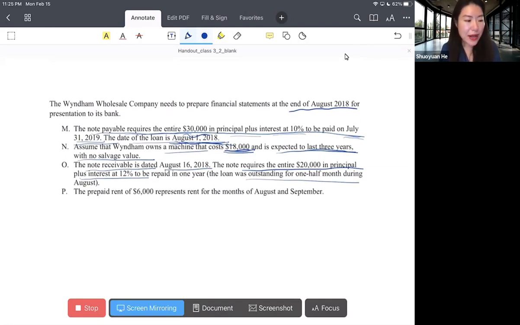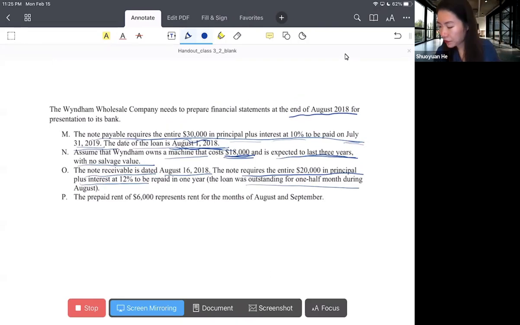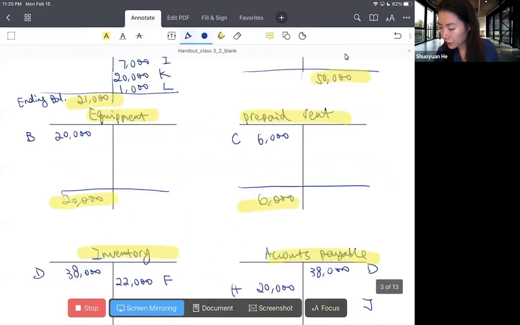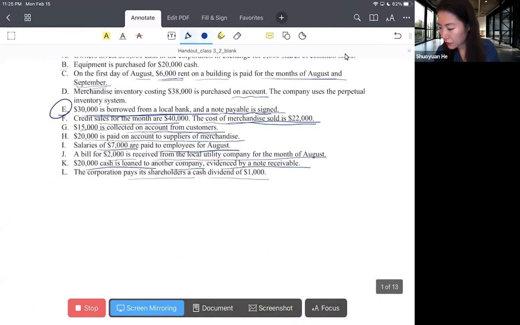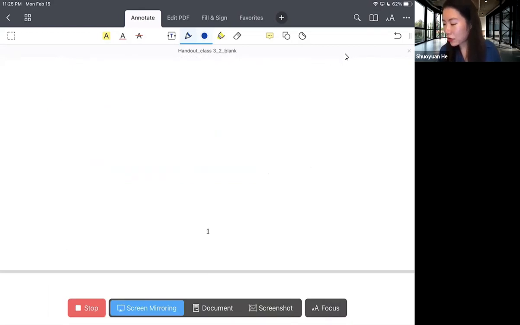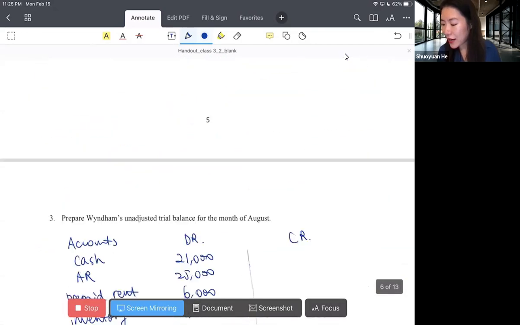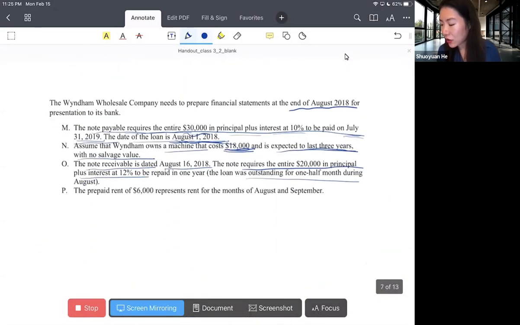So this one is associated with transaction K, 20,000 cash is loaned to another firm, evidenced by note receivable. So until the end of August 2018, we have 1/2 month.